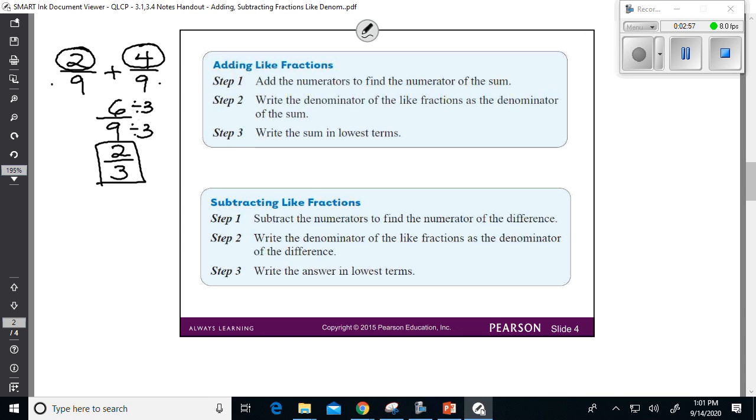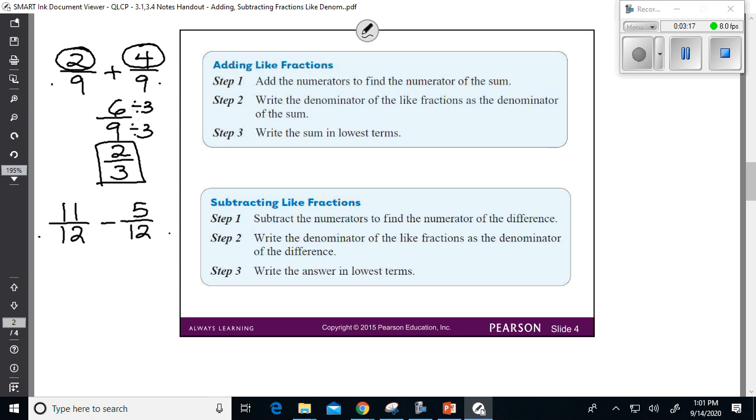I'm showing you the right way because I'm going to show you in a second how most people get this wrong. So I'm showing you the right way first. Subtract it the same way. 11 over 12 minus 5 over 12.